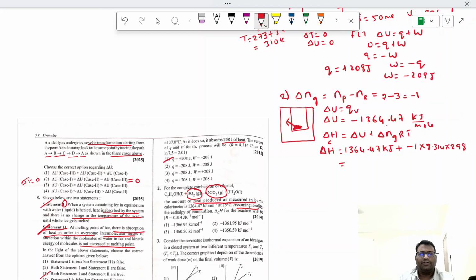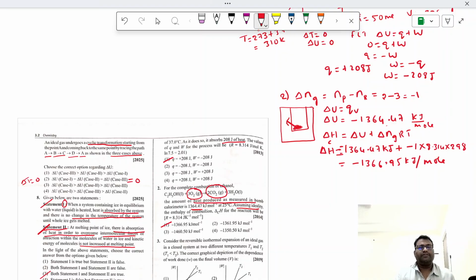So this delta U is minus. Why minus? Because energy is released. If you add these two, then what do you get? Minus 1366.95 kilojoule per mole, right? So the answer will be the first option.